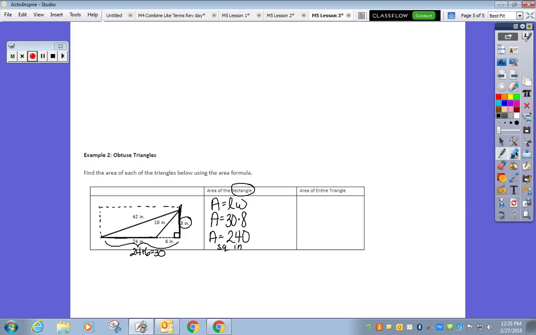I'm given the area of the rectangle around it, and I'm trying to find the area of this triangle. So in order to do that, I can subtract out the area of this triangle and this triangle to get the inside triangle. It's a lot of steps, but it's just to prove, you won't be doing this for everything, that it would in fact be the same thing.